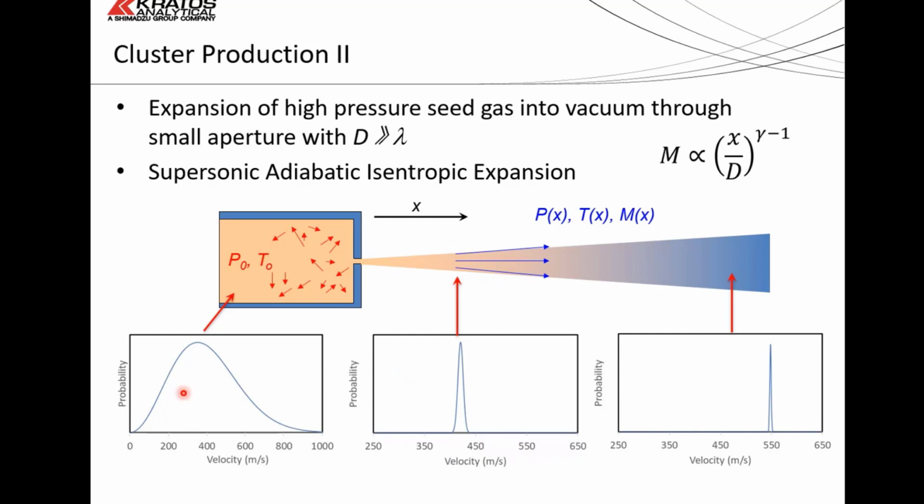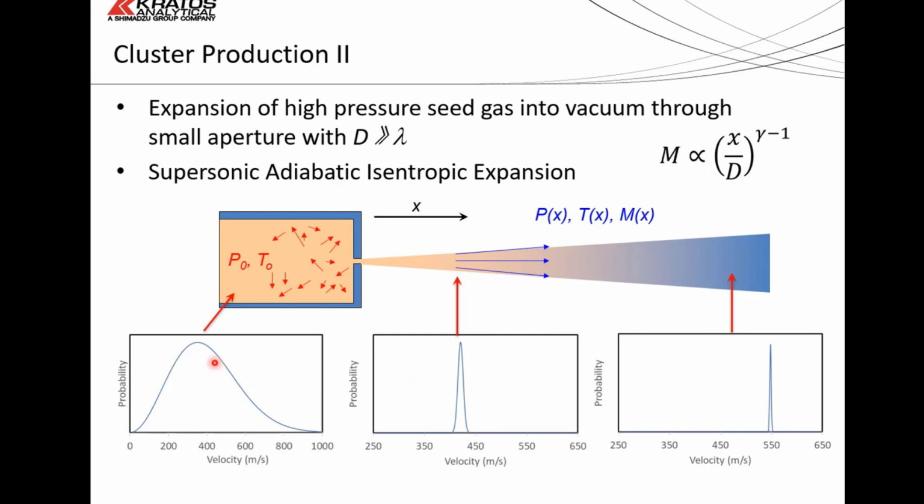If we take a look at these graphs here, these show the velocity distributions as a function of the pressure and as we move along that expansion. We start off in the high pressure vessel here behind the nozzle orifice. We have a Maxwell-Boltzmann type distribution with everything randomly orientated.